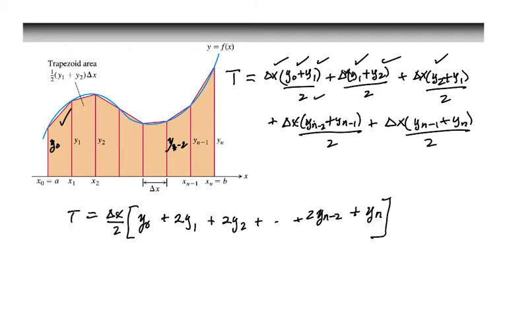So basically we have a pattern of starting out with y sub 0 plus 2 of each y in the middle all the way till the end, and we just have one y sub n. So this is the equation that you use.